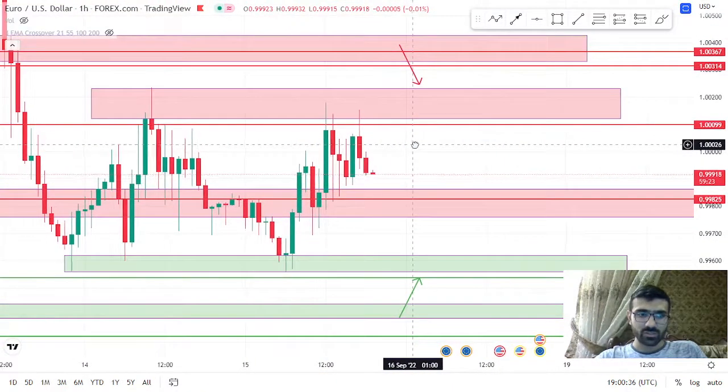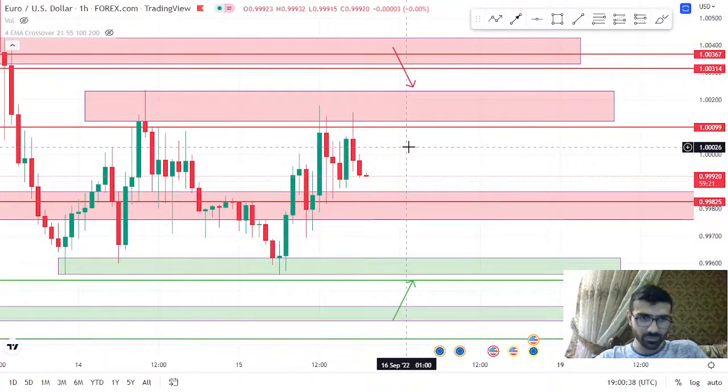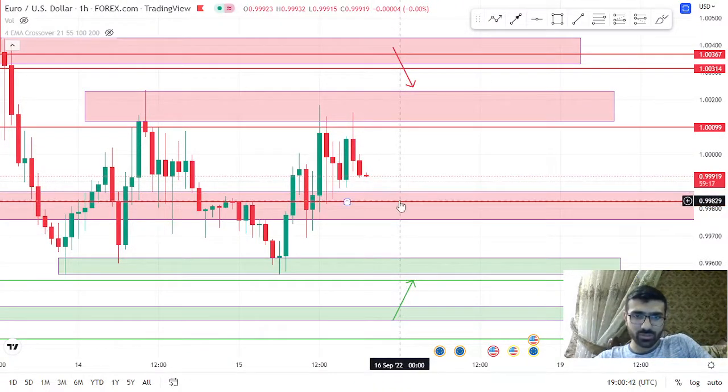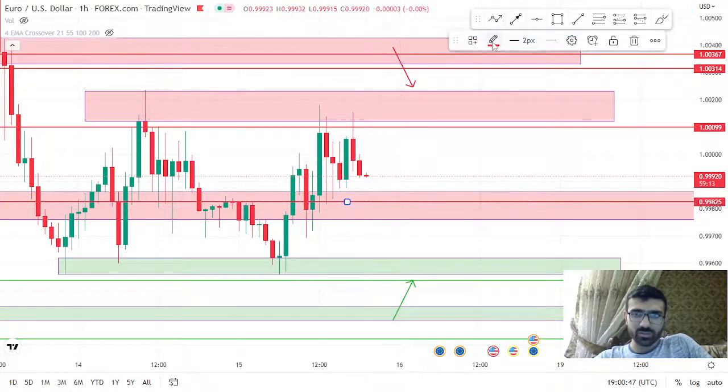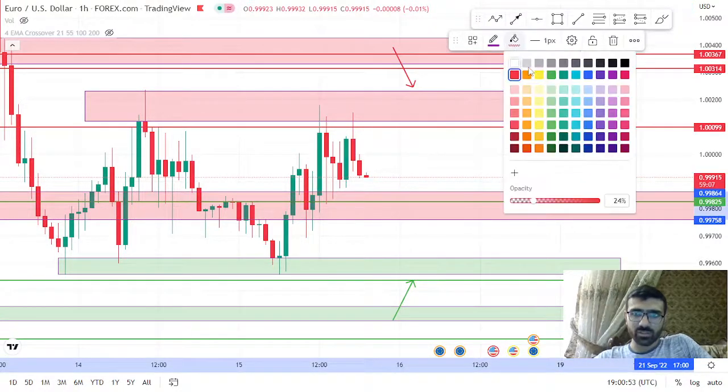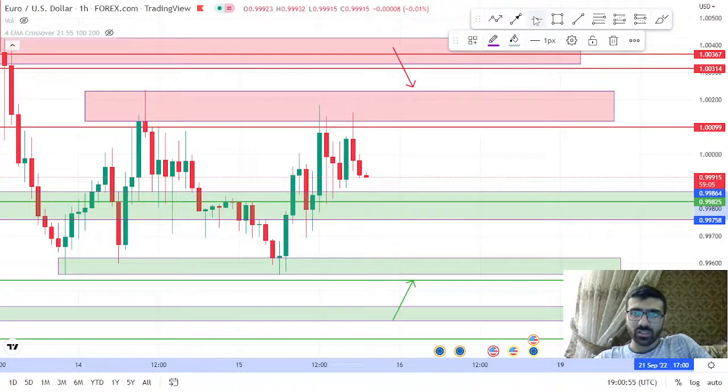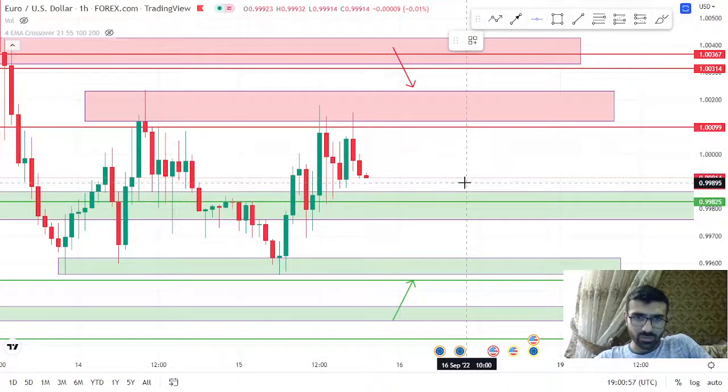Okay, so how are we going to trade? We are going to mark our recent support area. Now this area will also turn into an area of support, so I'm going to change its color to green, and I'm going to mark my new support level, which is currently being tested as well.